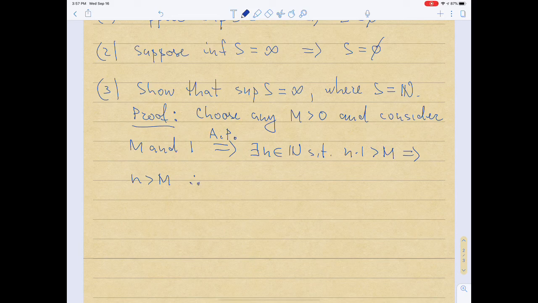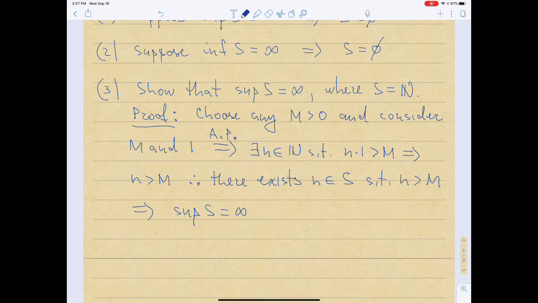The conclusion: there exists n in the set S such that n is bigger than m. So this verifies the definition of a supremum, and so therefore supremum of S is equal to infinity.